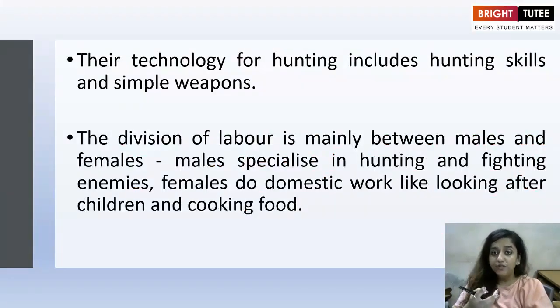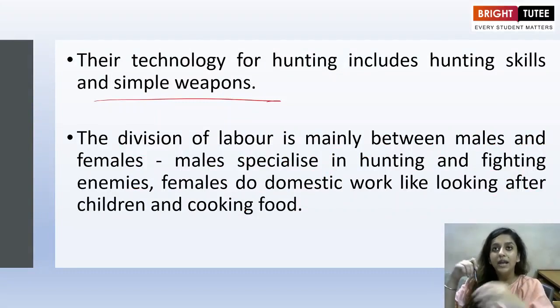The technology for hunting includes hunting skills and simple weapons, like we have talked about when we discuss our early, ancient history. When we talk about the hunting and gathering ages, they created stones, sharpened the edges of the stones, and made them so sharp that they could kill an animal. So all of those were simple weapons.